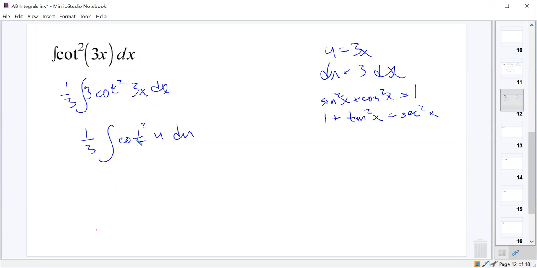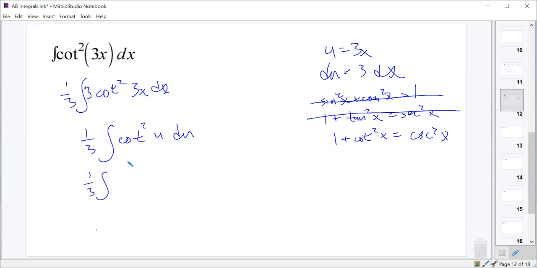And then there was another one that included a cotangent, and it was 1 plus cotangent squared x equals cosecant squared x. That one seems like a good one to use, right?